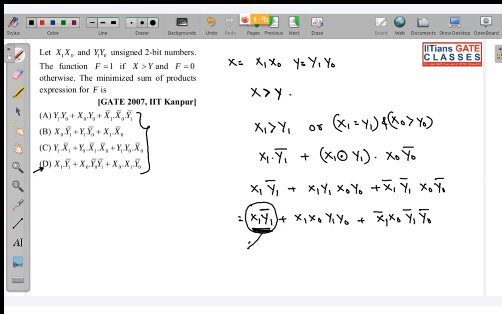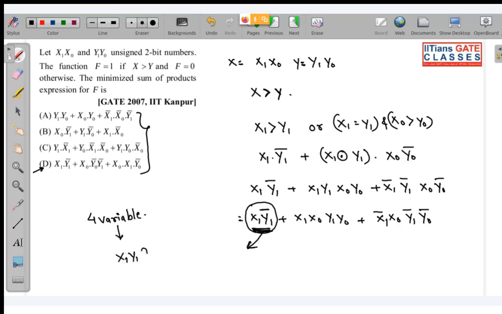You can observe over here that this min term is already minimized. This cannot be minimized anymore, and it is present over here. Basically, this is a 4 variable K-map. In a 4 variable K-map, when do we get a min term that has 2 variables, something like x1 y1?